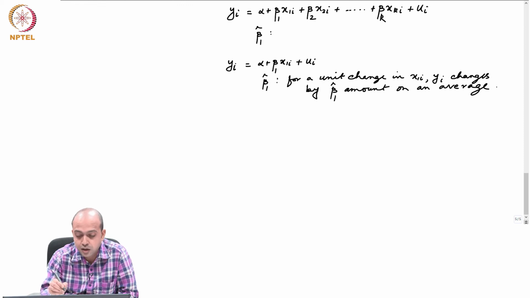But here, how do you interpret beta 1? You have so many other factors. That means, to understand the interpretation of beta 1 hat, you first take the expectation.